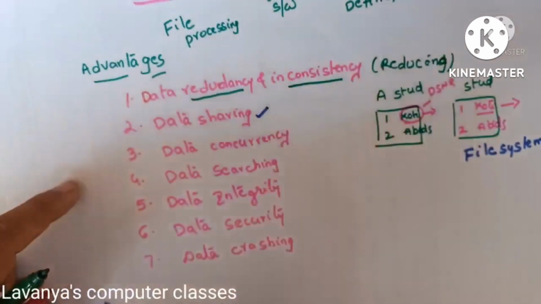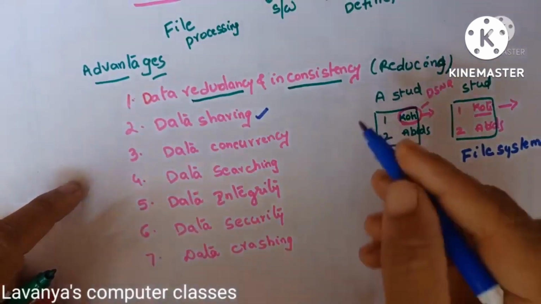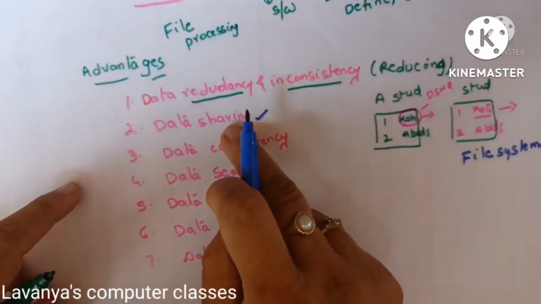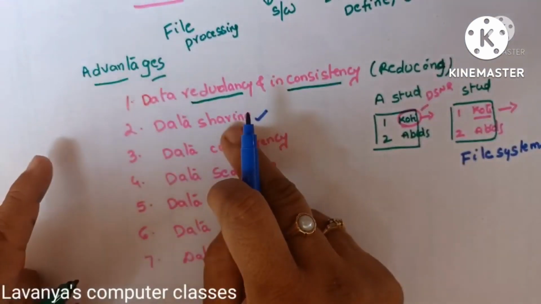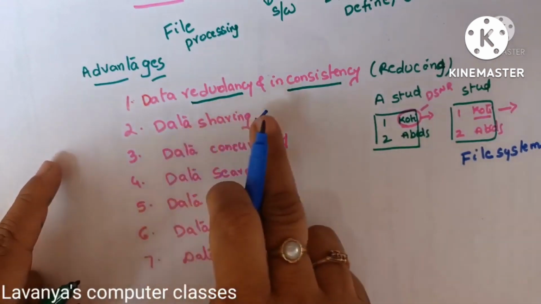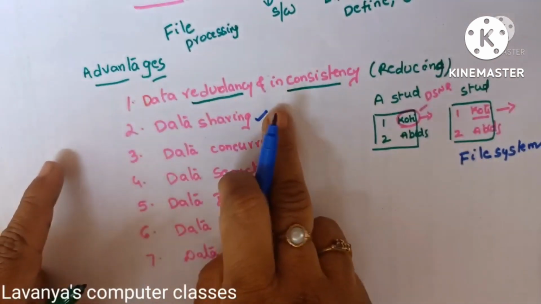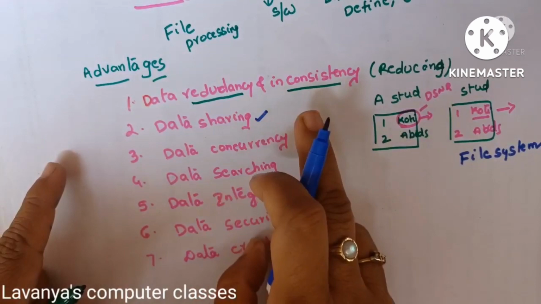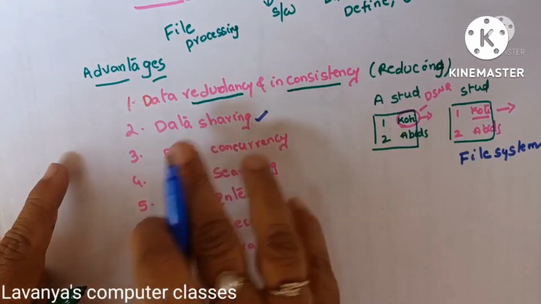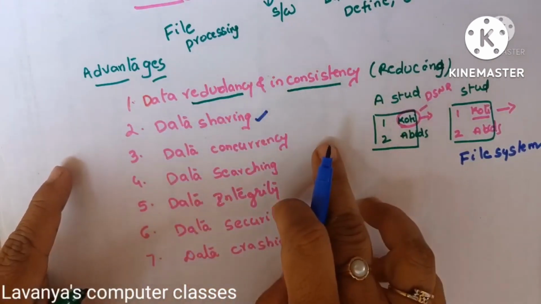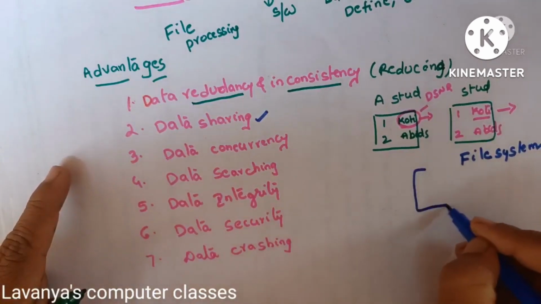Second one is data sharing. In the definition I said what the file system is: each and every file maintains its own information. There is no relation to other files. That means only one table is stored in one file. There is no sharing. But DBMS is not like this. It is a centralized database.